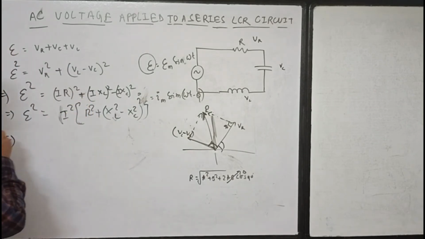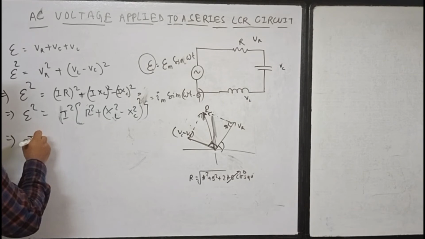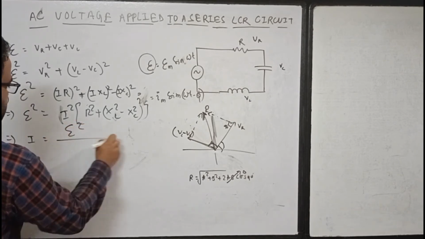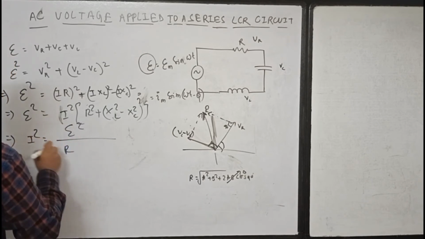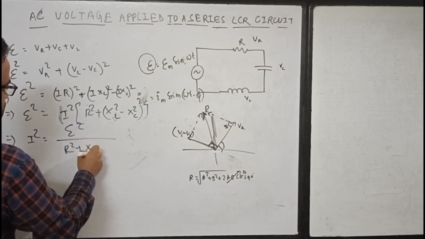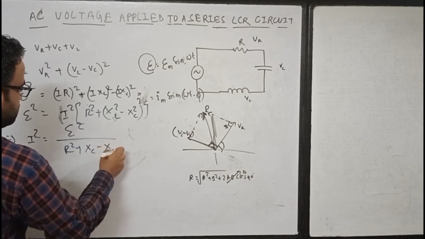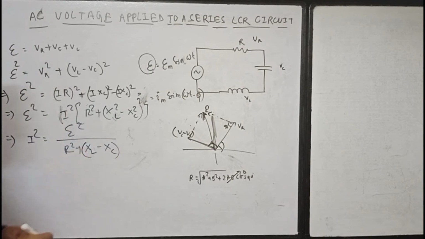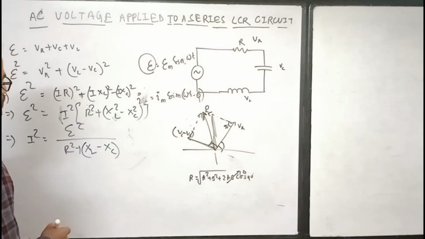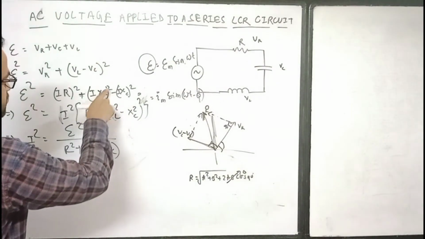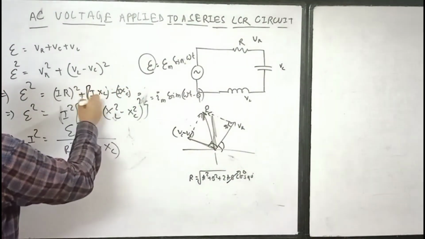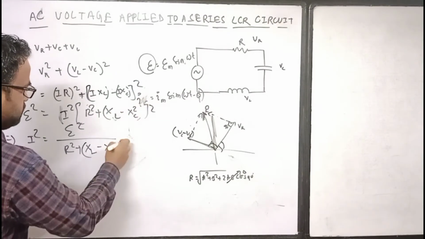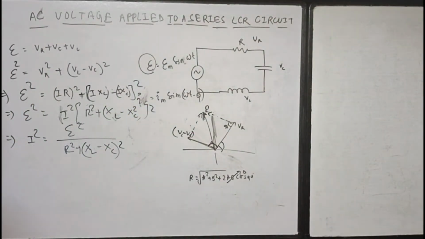Or you can write I is equal to the EMF square by R square plus XL minus XC whole square, right?